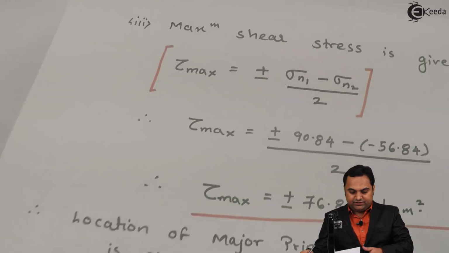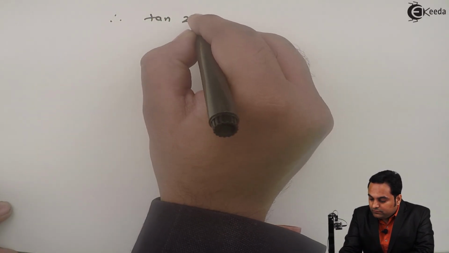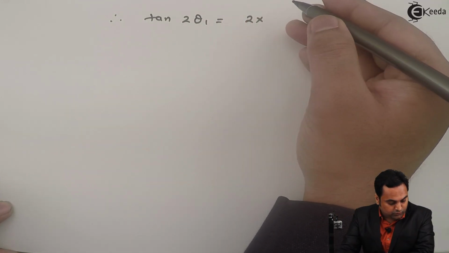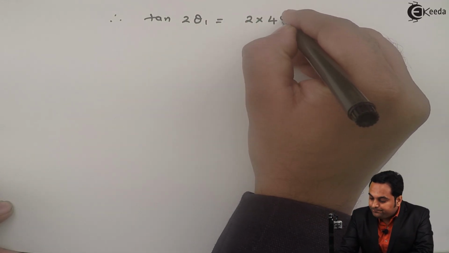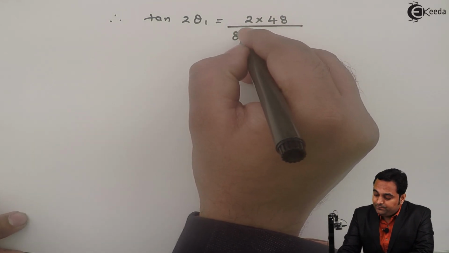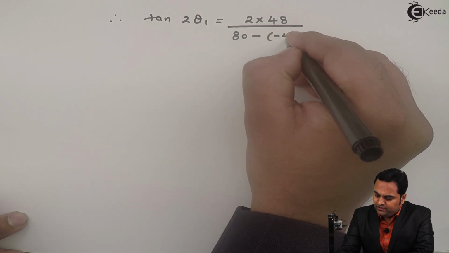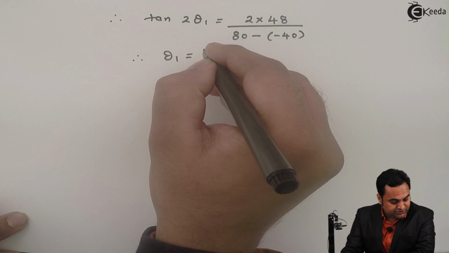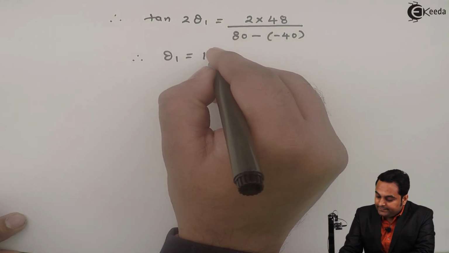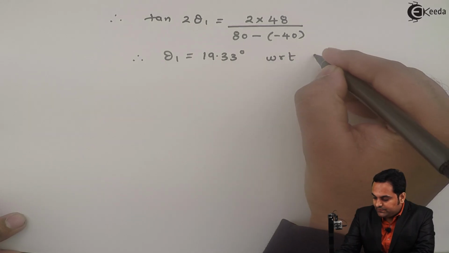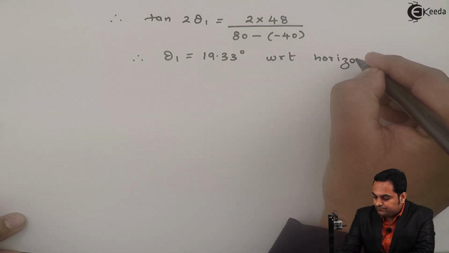So putting the values here, therefore tan 2 theta 1 is equal to 2 into tau, which was 48, upon sigma x, it was 80, minus sigma y, minus 40. So from this I'll get the answer of theta 1, which is 19.33 degree with respect to horizontal.